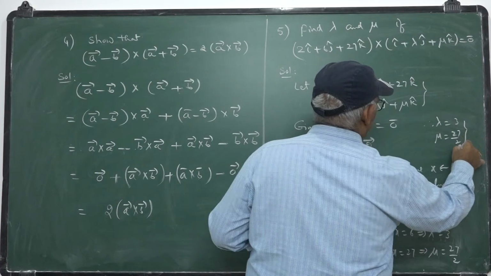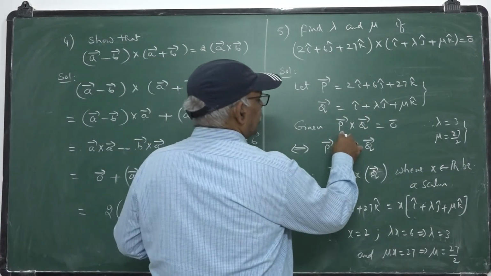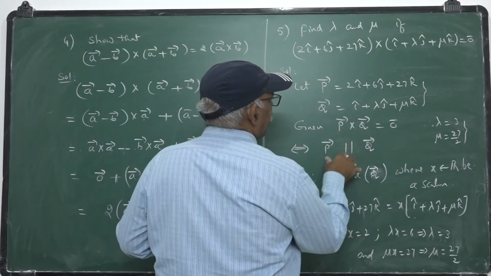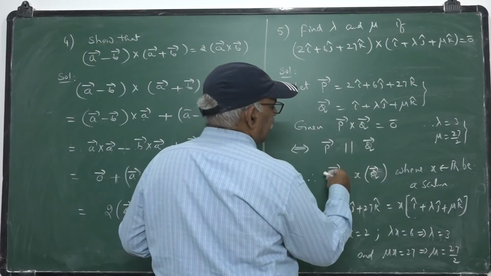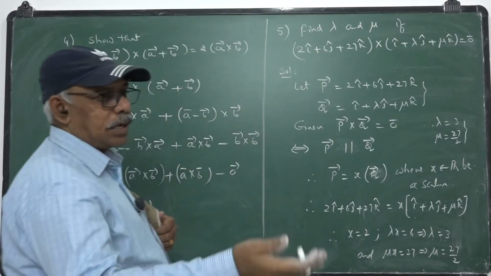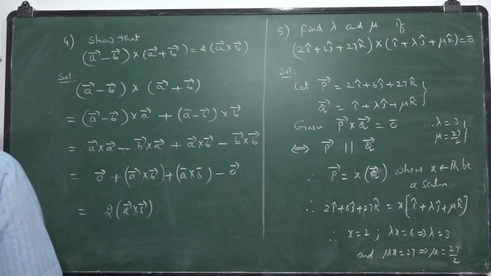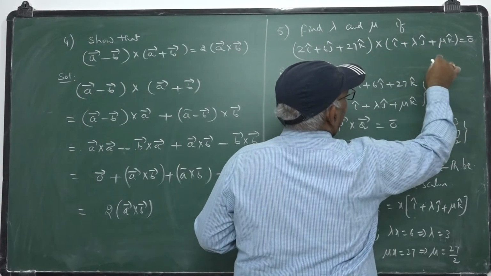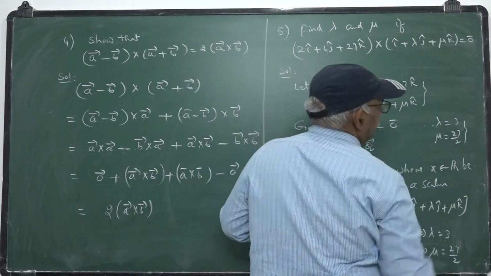Okay. The main point of this problem is, once p cross q is 0, p bar is parallel to q bar. These two are parallel vectors here. So once they are parallel vectors, one vector may be written as a scalar multiple of the other. That is the important concept here. Otherwise, take the cross product of these two by determinant form and equate each i, j, k component to 0, then only you get lambda and mu.